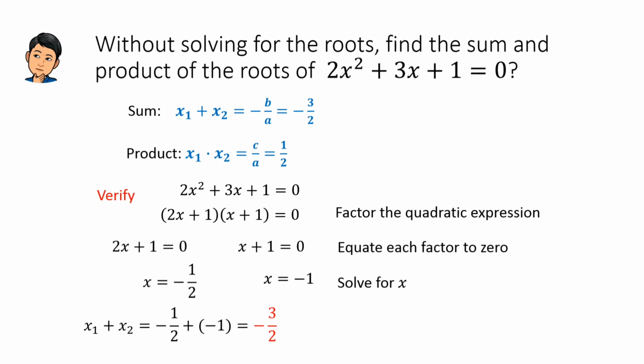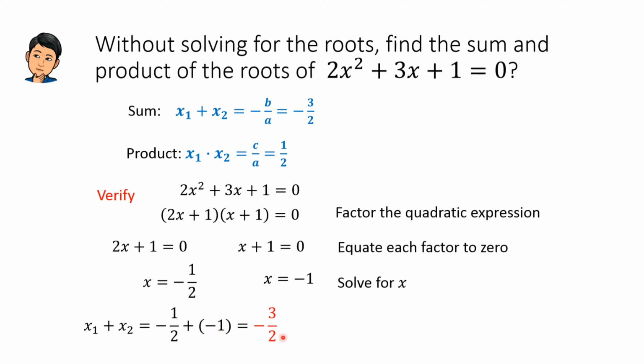So if we are going to add negative 1 half plus negative 1, this is negative 3 halves. So how to add this fraction? If you are adding a fraction and an integer, you have to multiply the denominator to the integer, then add the numerator. So 2 times negative 1 is negative 2, plus negative 1 is negative 3.